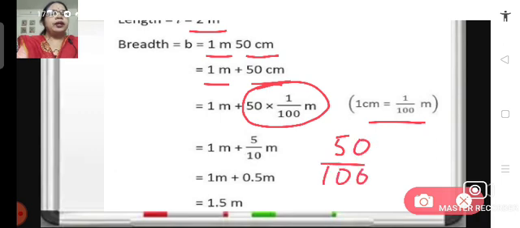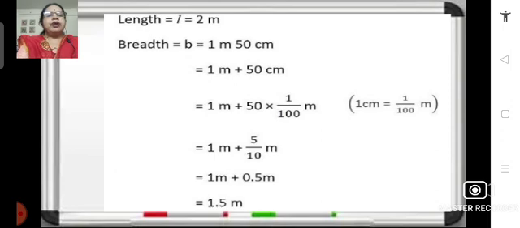Alright. Then what we get? We get 1 meter plus 5 upon 10 meters, isn't it? So it will be 1 meter plus 5 upon 10 becomes 0.5 meters. We have learned this in decimals. So 1 meter plus 0.5 meter becomes 1.5 meters. So this is the breadth.